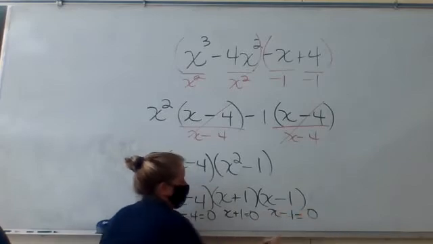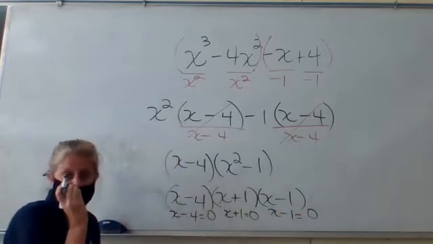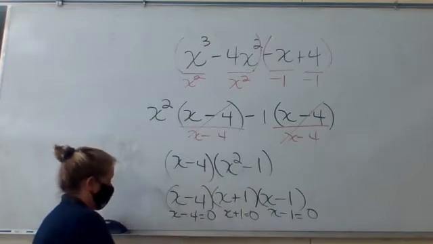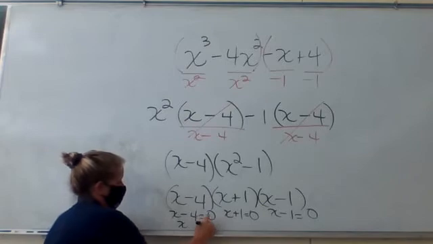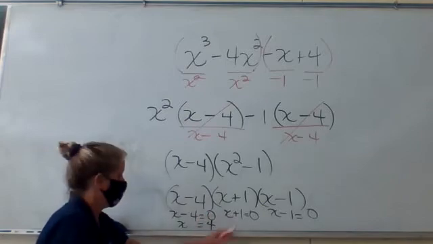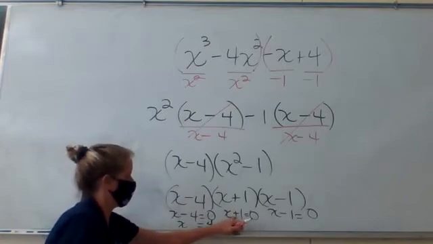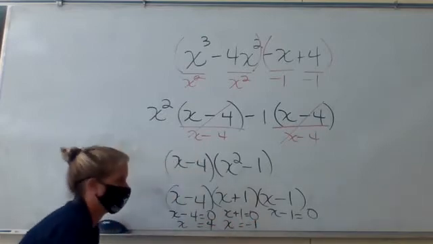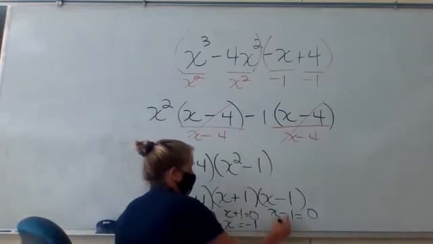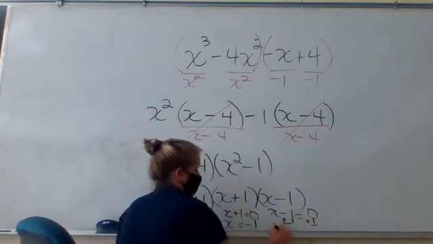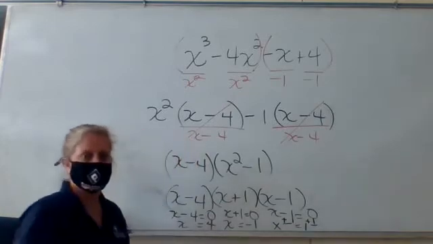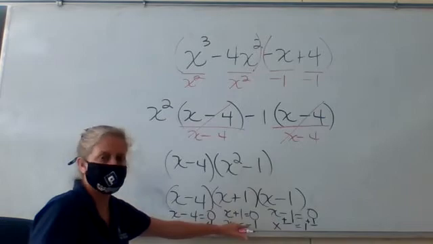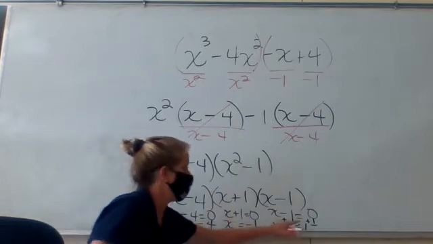And x minus 1 equals 0, and then solve them. So if you add 4 to both sides here, you end up with x equals 4. You subtract 1 from both sides here to get rid of that plus 1. You have x equals negative 1. And this last one, if you add 1 to both sides here, you get x equals 1. So your 3 zeros are 4, negative 1, and positive 1.